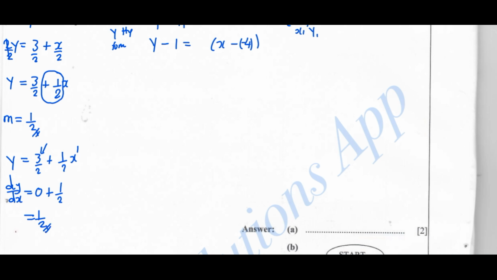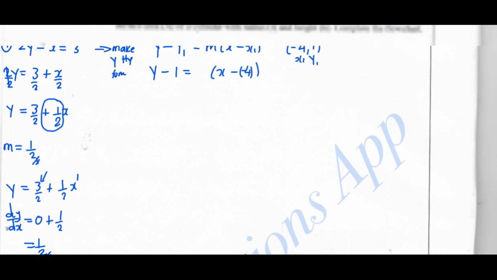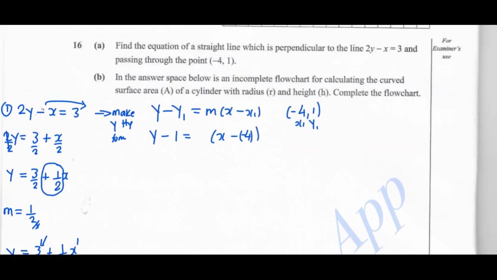Now remember the relationship between the gradient whose equation we have found and the gradient of the equation that we are trying to find. We are finding the equation of the straight line which is perpendicular. So the whole thing is about perpendicular. Two lines meet perpendicular like this.